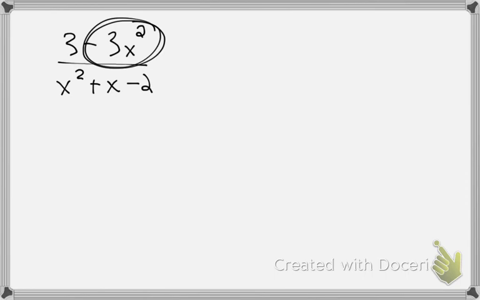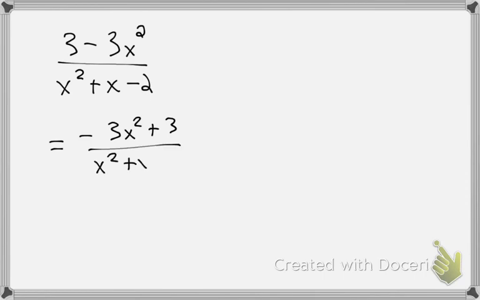And that's negative? So optional. We could rewrite the numerator in descending order, which would be negative 3x squared plus 3, right? And I told you, whenever your leading term is negative, that's that red flag that signifies you may want to exercise that option to factor the negative out with the GCF.